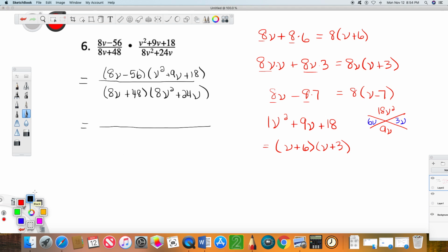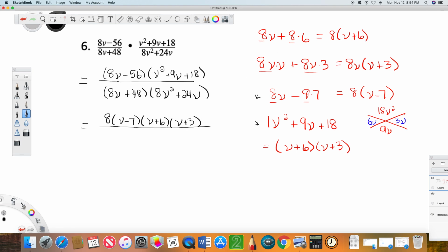Let's put it all together back in our fraction over here. Our 8v minus 56 factored to 8 times v minus 7. Our trinomial factors to v plus 6 times v plus 3.